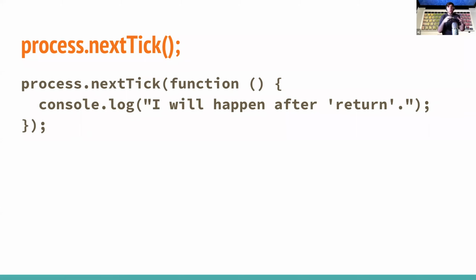Node actually has multiple queues in its event loop. And the NextTick queue is prioritized so that literally in the next tick of the event loop, that function will get executed.